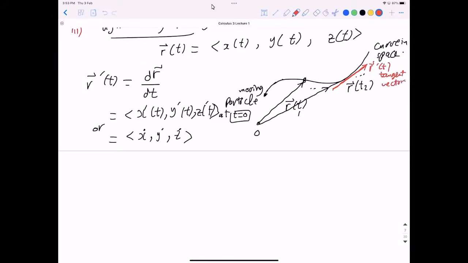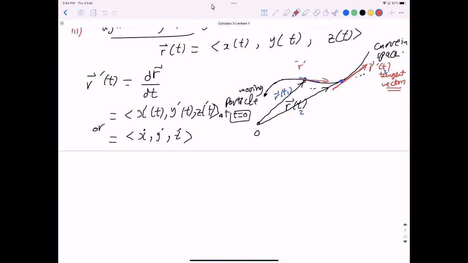Same ideas as calculus 1. We will be asked to sketch or draw them. This is R1. This is R at T2, and this is R dash at T2. Here, the derivative is in red.